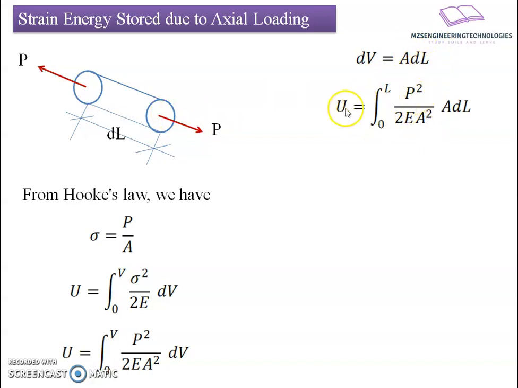Then we can write total strain energy possessed by this body as integral 0 to L of P square divided by 2E A square multiplied by A dl. One power of A gets cancelled here. What remains is U equals P square L upon 2AE. This is the extension of the strain energy formula with reference to axial loading.